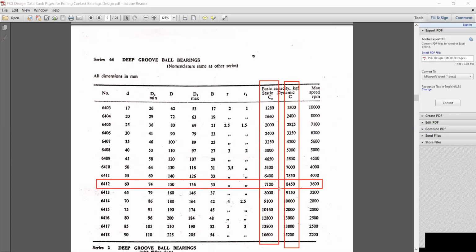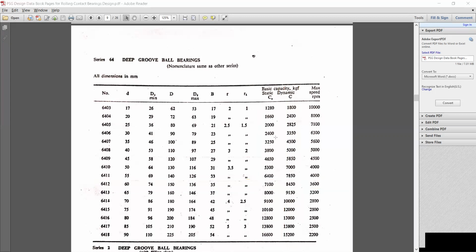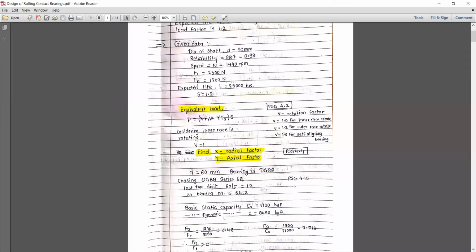So you need to write down these two values for further calculation. I have written those values: static capacity 7,400 kgf and dynamic capacity 8,450 kgf.